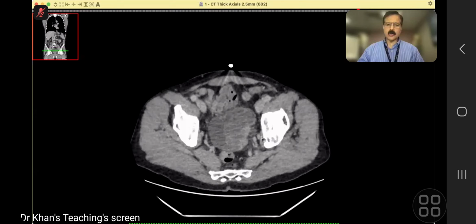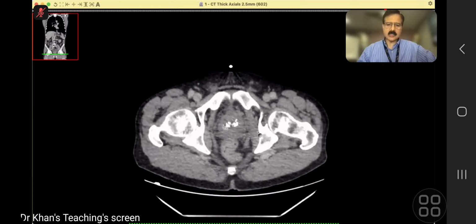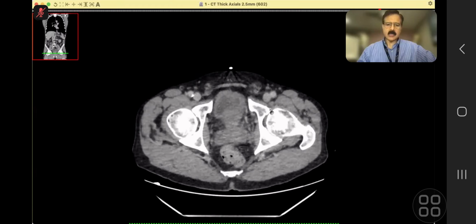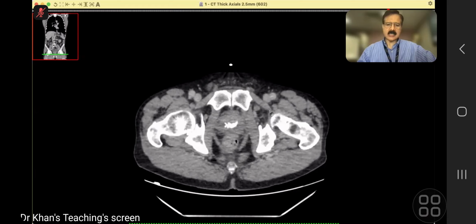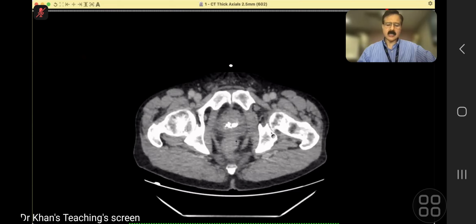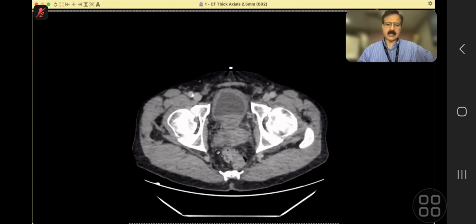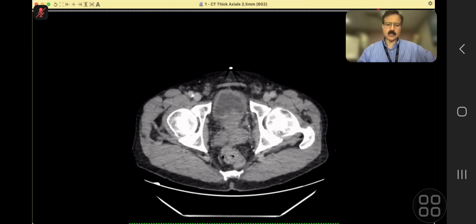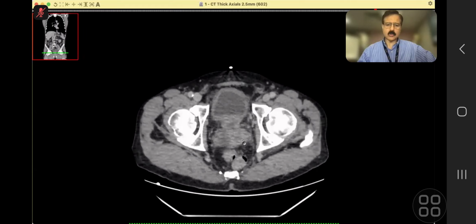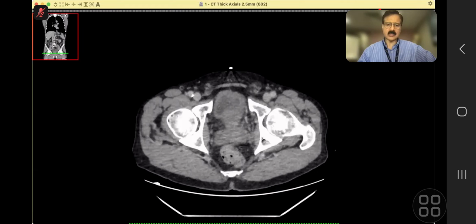Now, you had a mass. Now, on this mass, what is the fine touch? This is the urinary bladder. Now, as we go down, you can see calcification in the prostate. So this is the prostate. As we are coming up slightly, so maybe possibly seminal vesicles are here. They are not very well seen, but the mass, most probably invading the seminal vesicle.